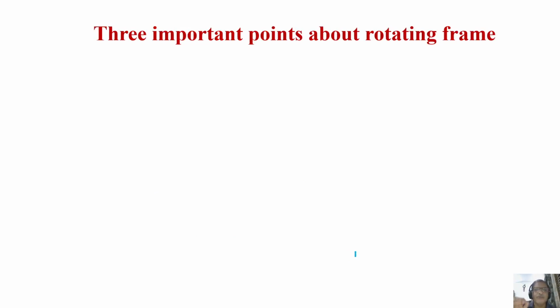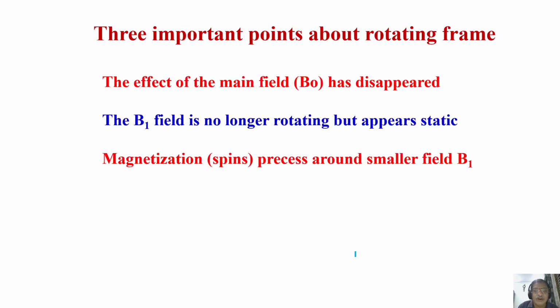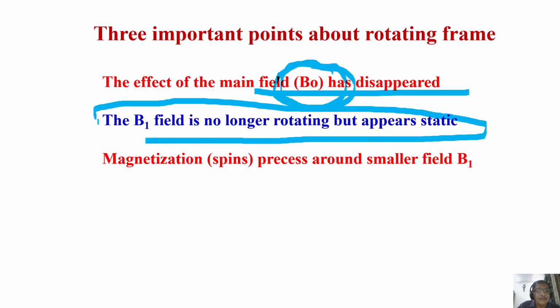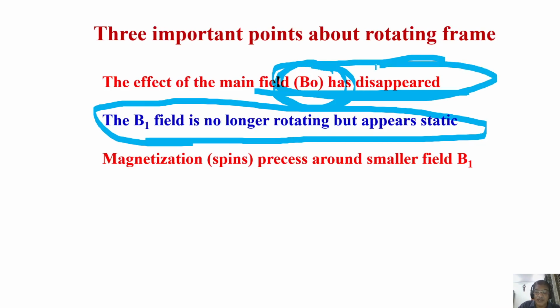Now understand three important points about the rotating frame. First point, the effect of the main magnetic field disappears in the rotating frame. The spins feel as if B naught is absent. And the B1 field is no longer rotating and appears static as far as the spins are concerned. Understand? Earlier spins were precessing along B naught before application of the pulse. After application of the pulse, you bring the B0 magnetization to the XY plane.